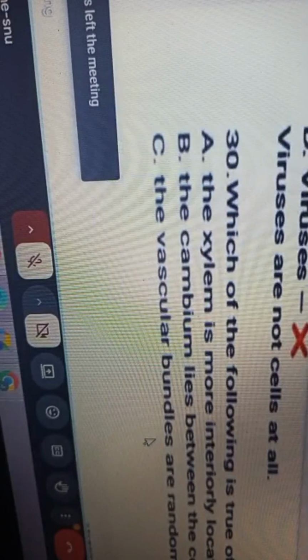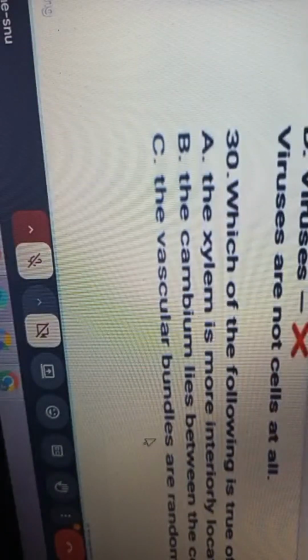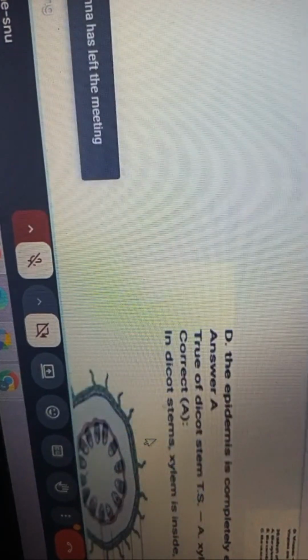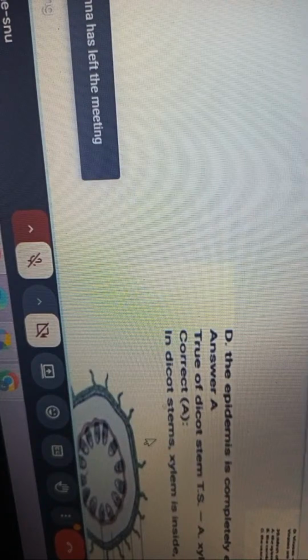Then 30. Which of the following is true of transverse section of a dicot stem? And I told you that the answer is A. So, true of a dicot stem, that is transverse section, xylem is more interior than phloem. So the correct answer is A. In dicot stems, xylem is inside, phloem is outside.